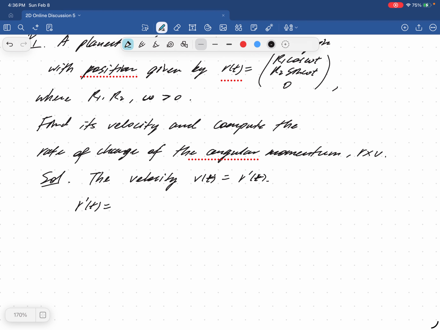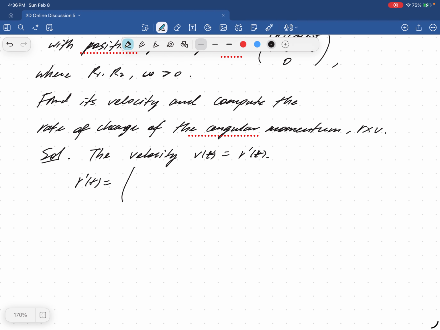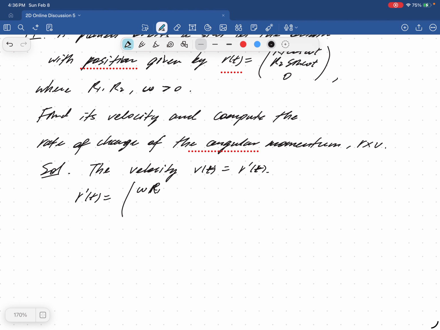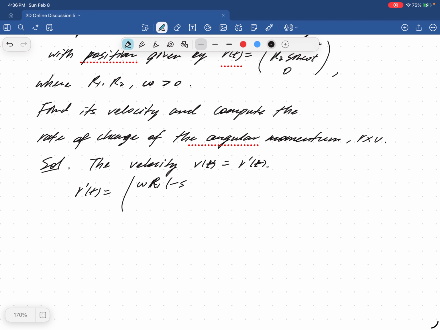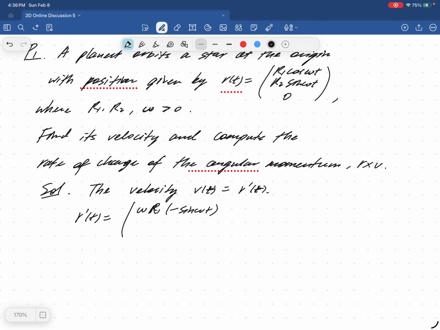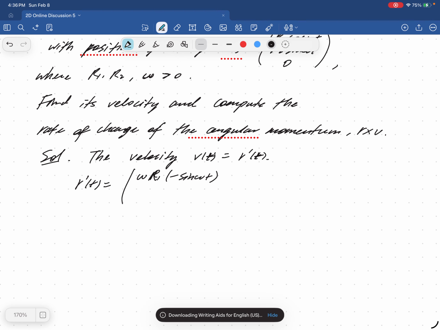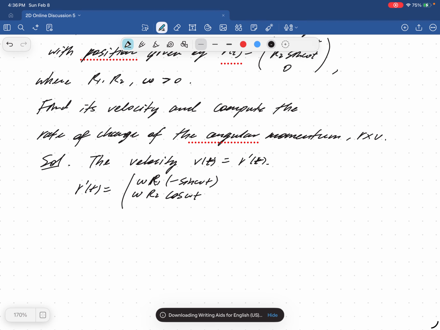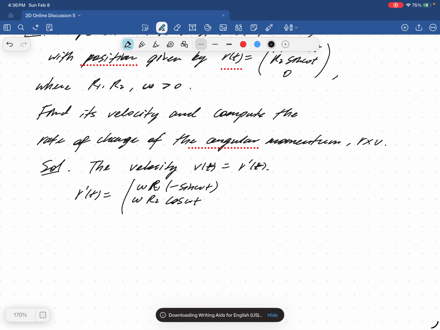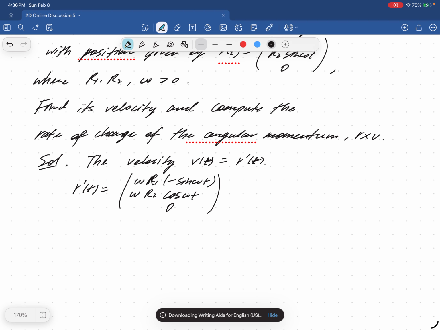So the first coordinate is the derivative of r1 cosine omega t, which is omega r1 times negative sine omega t. The second coordinate will be the derivative of r2 sine omega t, which is going to be omega r2 cosine omega t. And the third coordinate will be just 0. So this is the velocity.